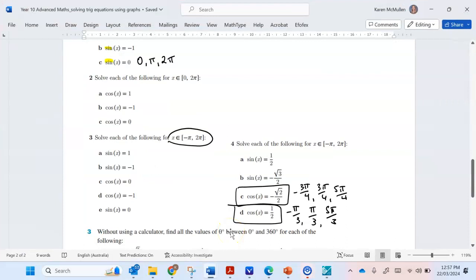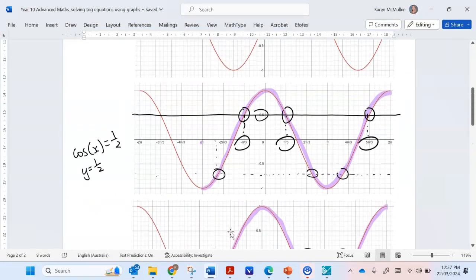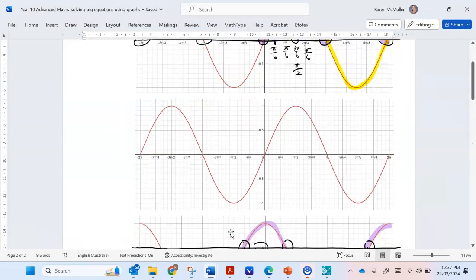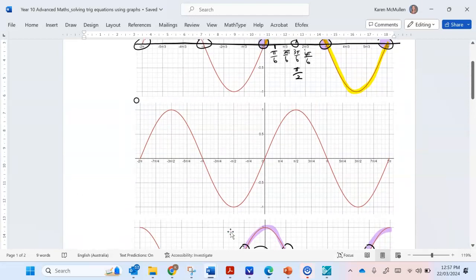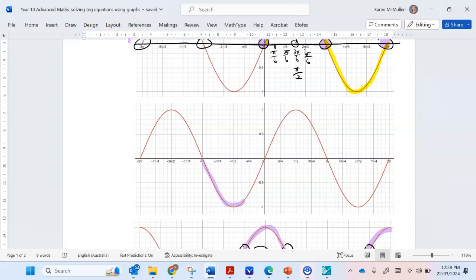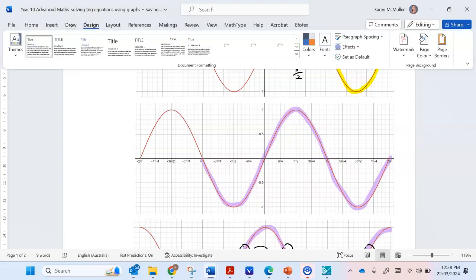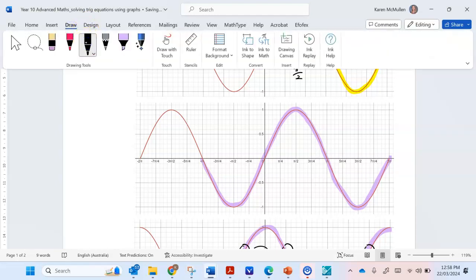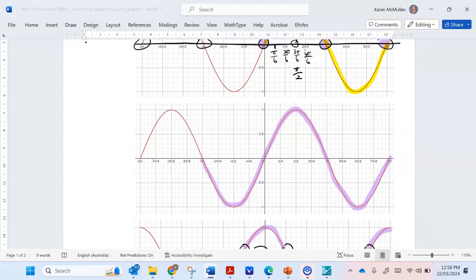All right, so we're looking at the sine graph this time. Let's have a look at the second one because it hasn't got anything written on it. So I'm just going to highlight, we're going from negative pi to 2 pi. And I'm just going to draw the line going through negative 0.866. 0.6, 0.7, 0.8. So we're kind of halfway between.